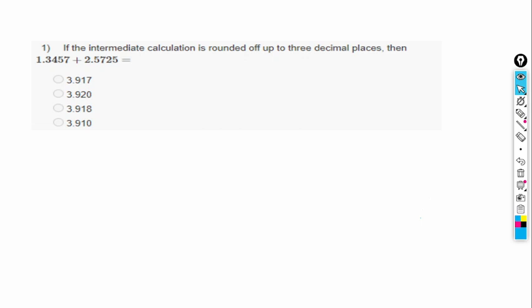Let's move to the next question. So second question is, the value after rounding 6.235459 to 3 significant digits is. So when you round it off to only 3 significant digits, that is after decimal points, what will you get?